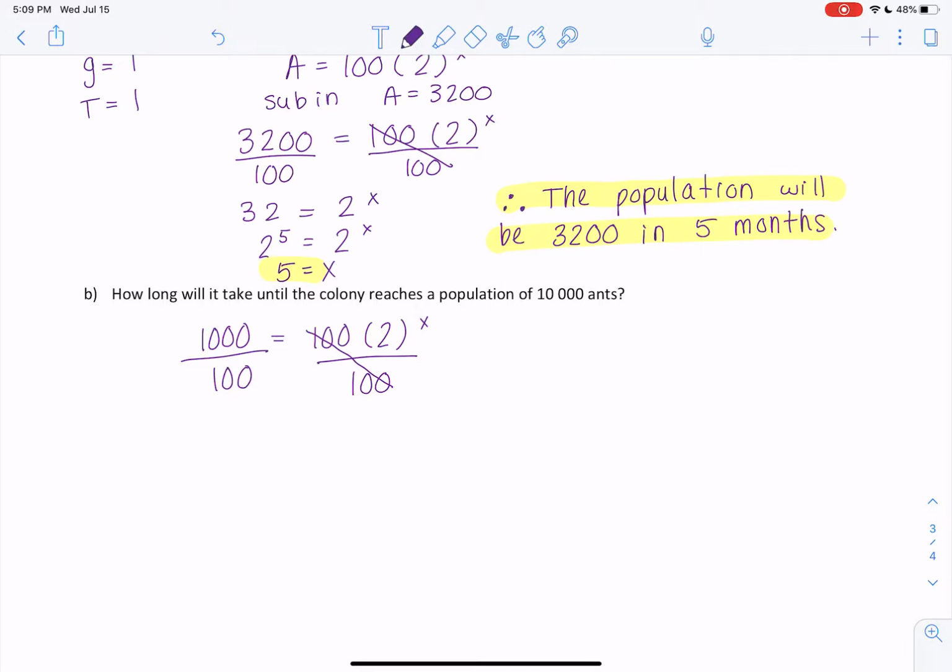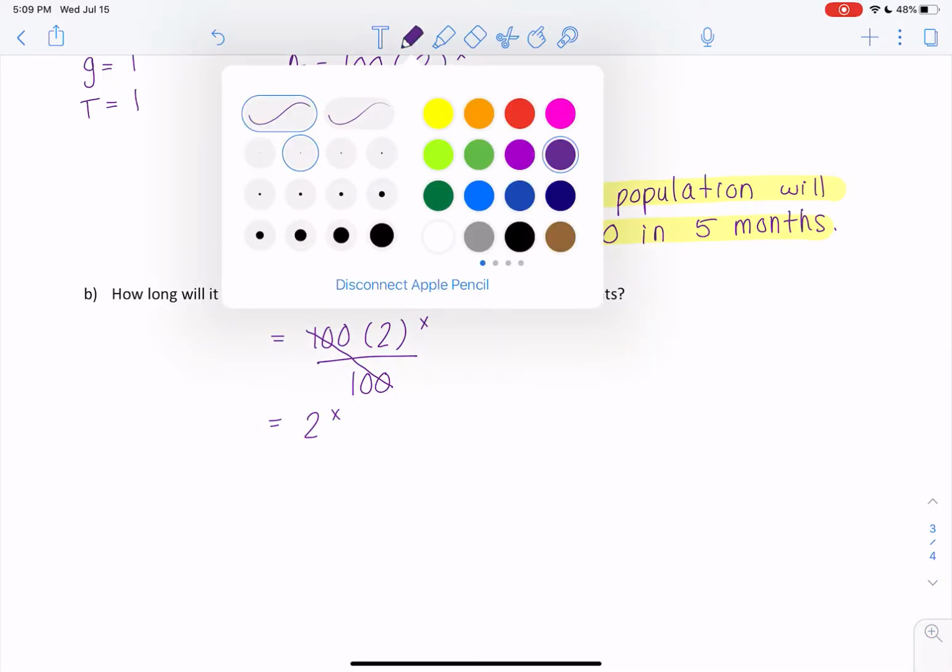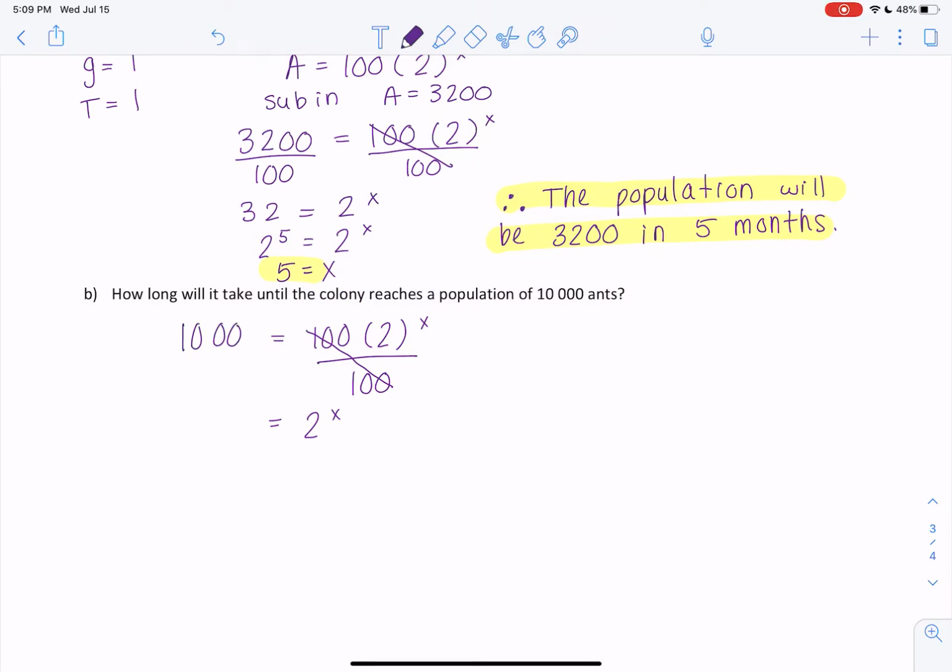Okay, so now there isn't really a super nice way to do this. Sorry, I lost a 0 there. Oh, I lost a 0 from the get-go. Sorry about that. So we should have had 10,000 ants.